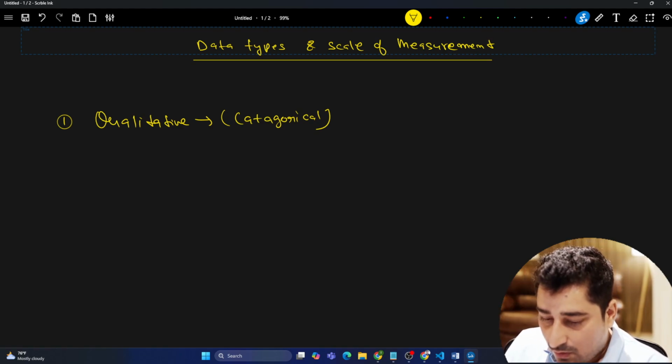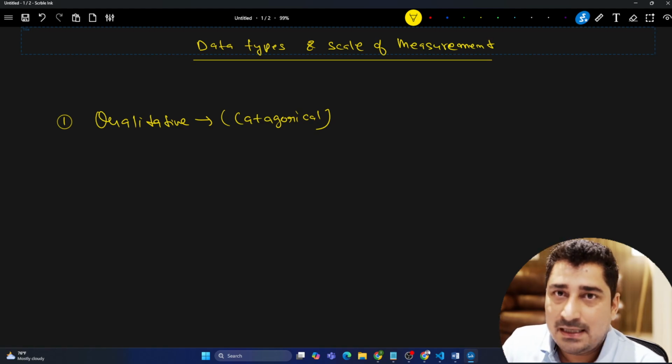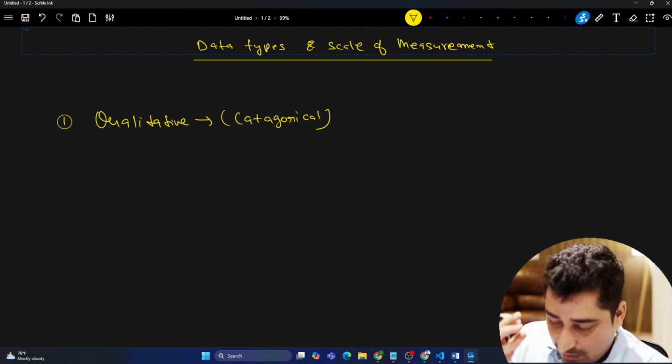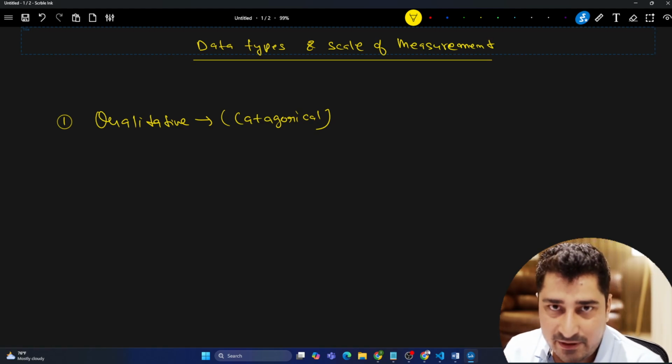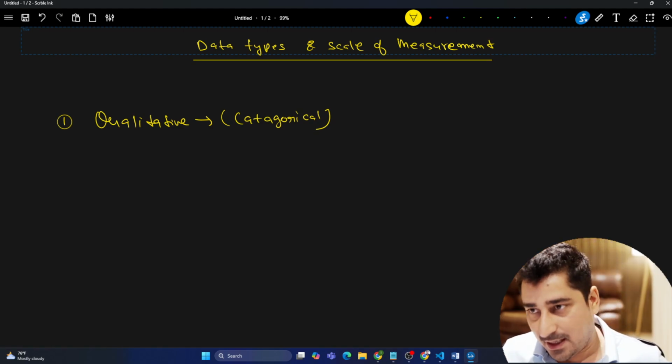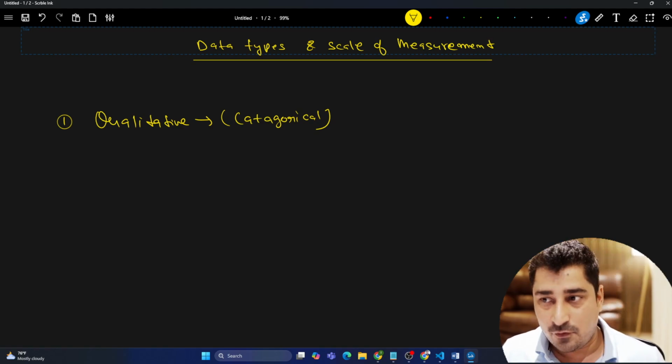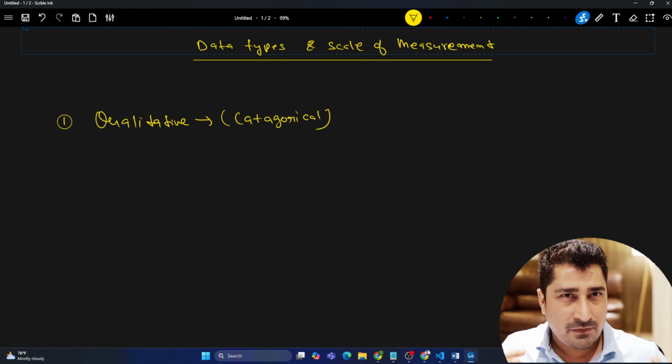Now, what could be the best possible example for this one? Qualitative or categorical data. So guys, when we say male, when we say female, when we say apple, when we say banana, when we say car, when we say phone, what are we talking about?